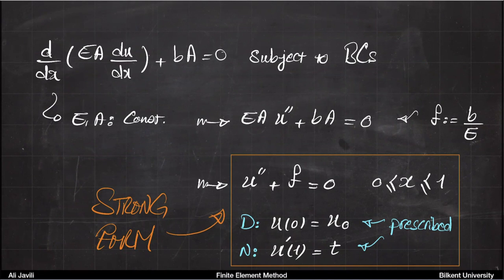In our case, we are specifically talking about this second order differential equation, but it could also be more complex than that. The finite element method itself as a methodology can be used for other differential equations. That's not what we do here.